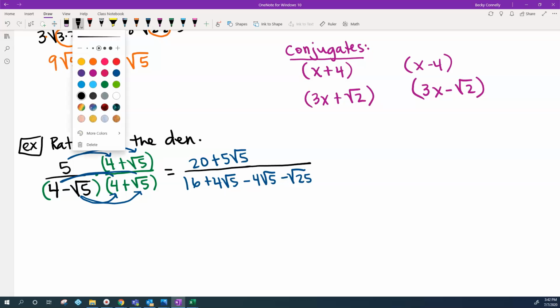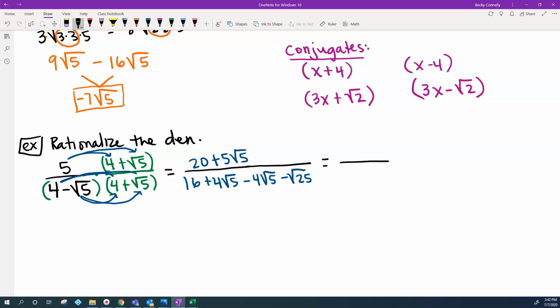All right, and now let's simplify up here. It's on the top. There's nothing that we can do to simplify. All right, that's square root of 5. There's nothing more we can simplify there. But let's look at down here. Well, again, I can see, 4 square roots of 5 minus 4 square roots of 5. All right, go to 0.